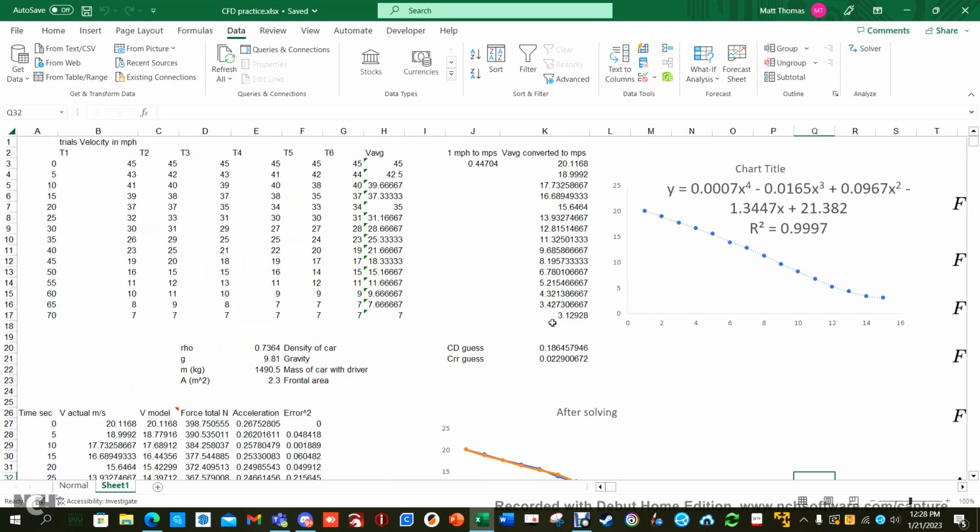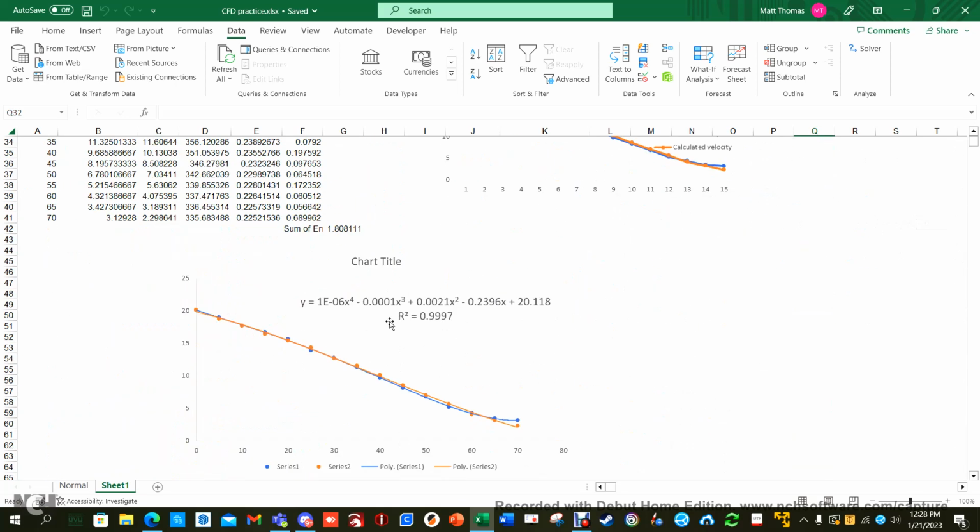It is almost the same as the blue one, which is what we want. That's good, obviously. So you can just see how right here there's just a little bit of error. We could increase the power, but then it stops changing after a fourth order. So this is as best as we're going to get. But that's pretty good.